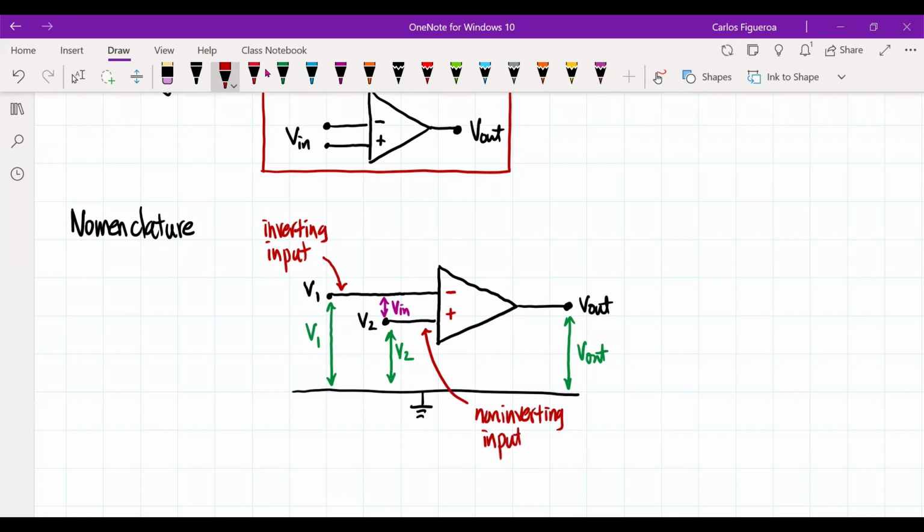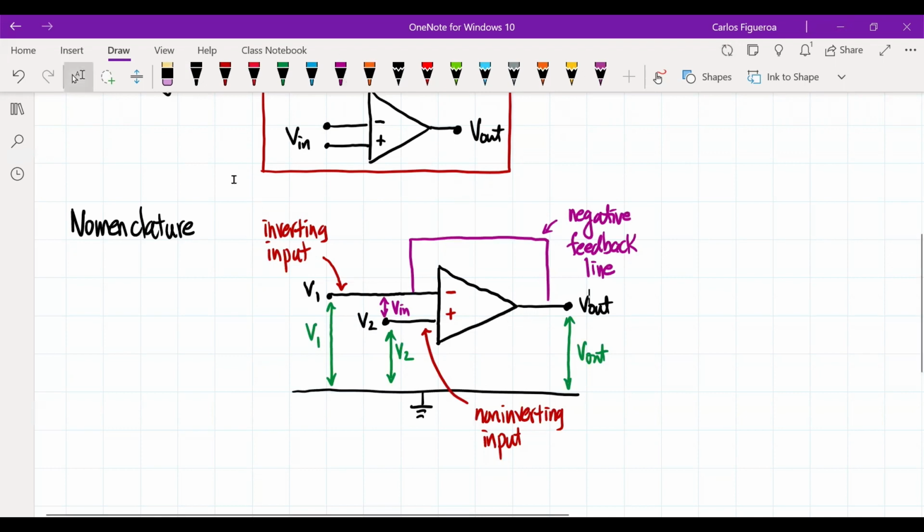And you can see the science is telling you what that is. And one of the most important things about an op-amp is that there's this feedback line. And this line here is called the negative feedback line.